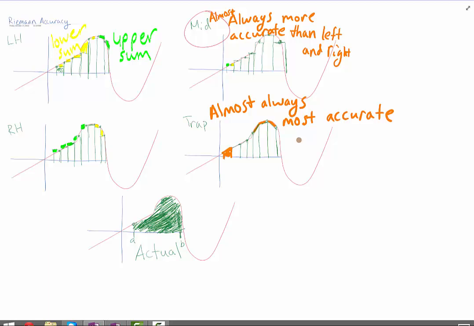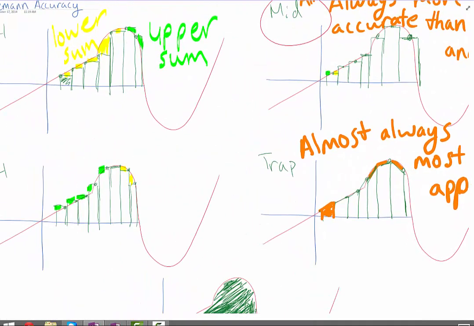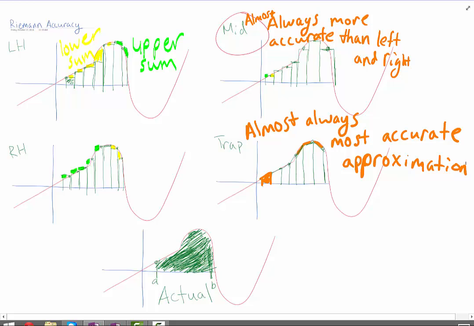So why would you use the left hand or the right hand instead of the midpoint or trapezoid? Does anyone have any guesses for why you would want to use the left hand or the right hand instead? Why would you rather use it? Yeah, it's way, way, way easier.